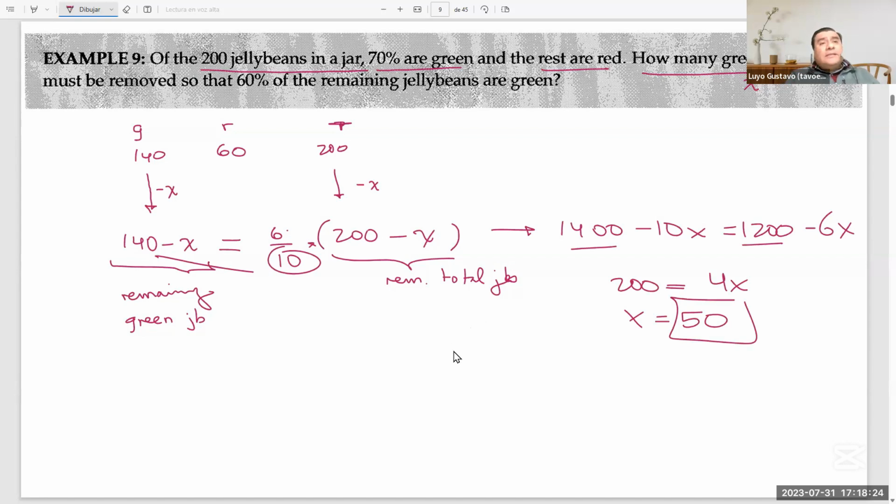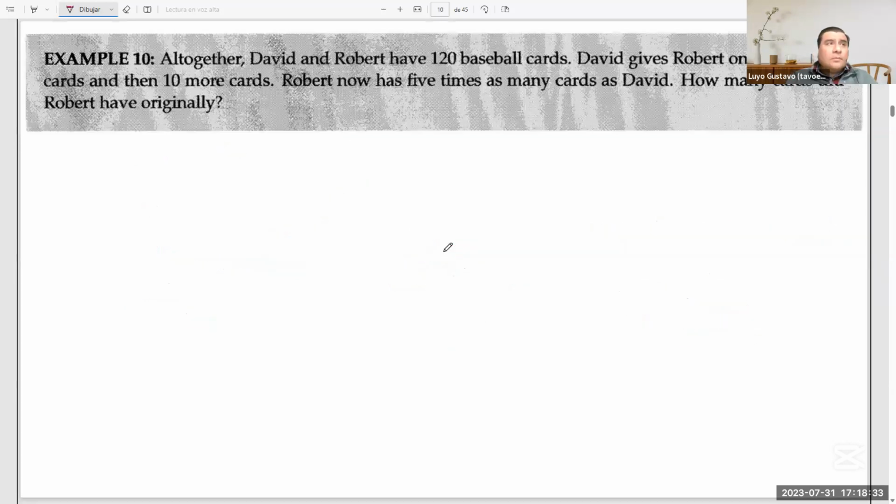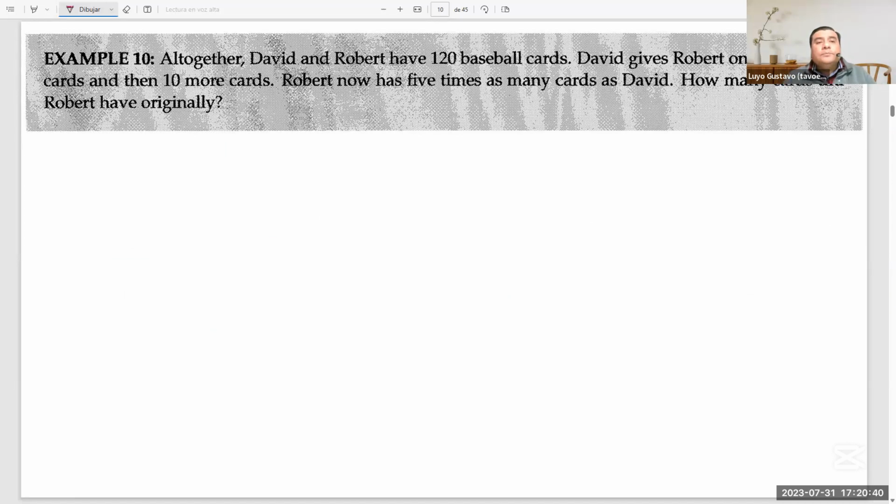And now let's see a couple more examples. Sample 10. Try this one out, please. Okay, people. This one is indeed interesting. Actually, a little difficult.